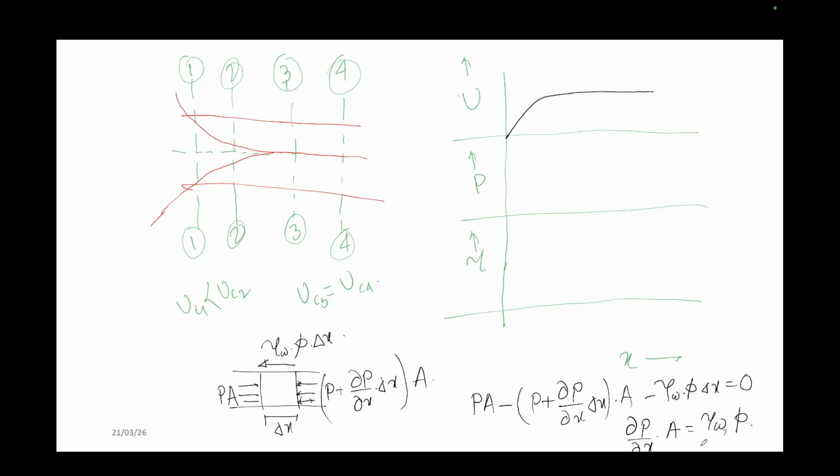Or you get tau W equal to del P del X into A by p, where p is your perimeter and P is your pressure.